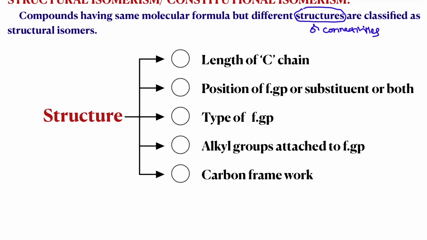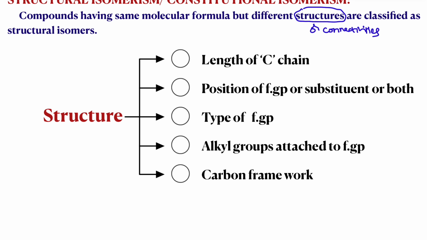Whenever you are trying to identify the relation between two isomers, whether they are structural isomers or not, and if they are, which type of structural isomers, you have to check 5 important things. In case of structure connectivity, check the length of the carbon chain in the given compounds, the position of a functional group or substituent, or both.